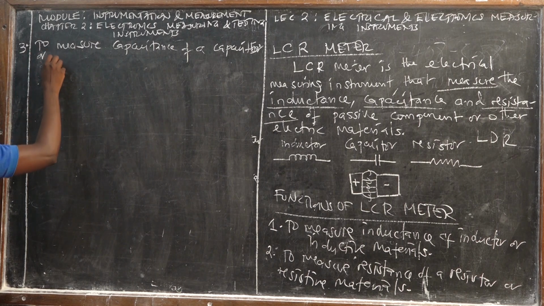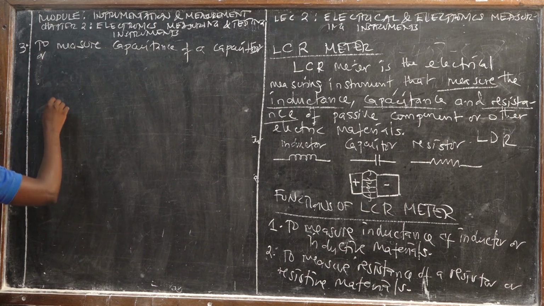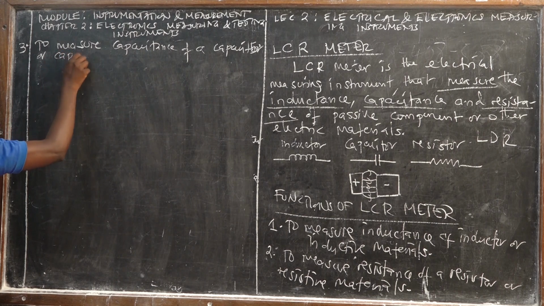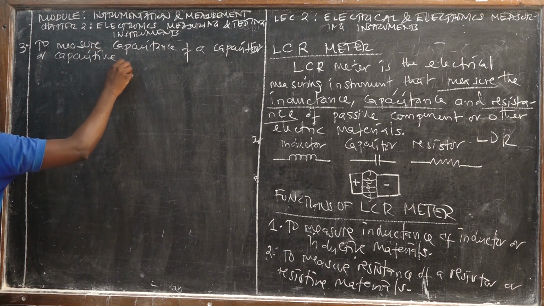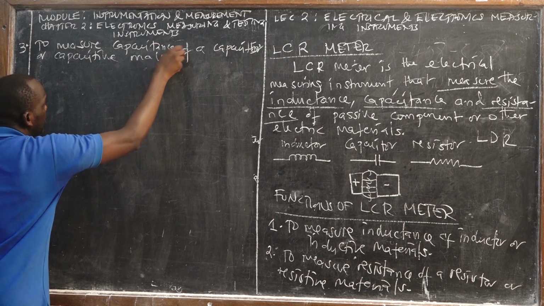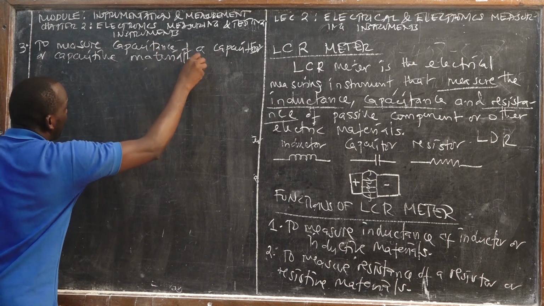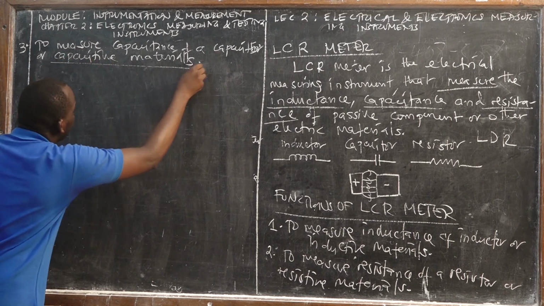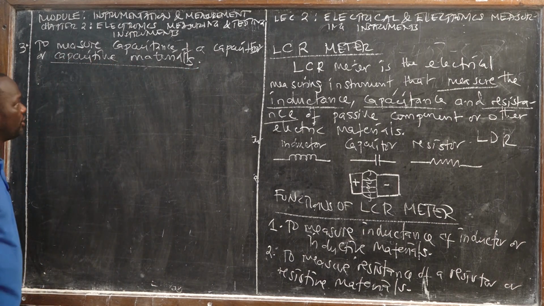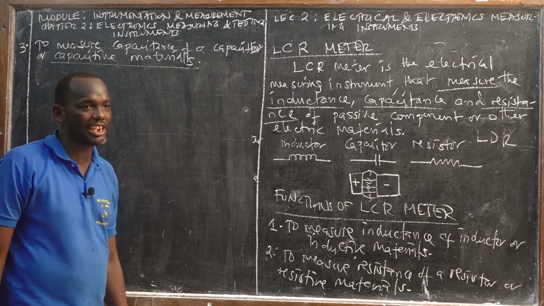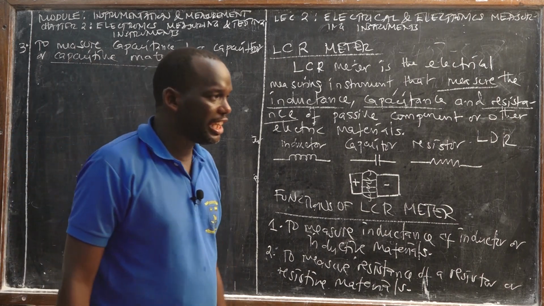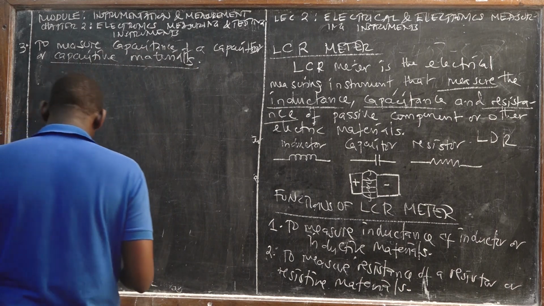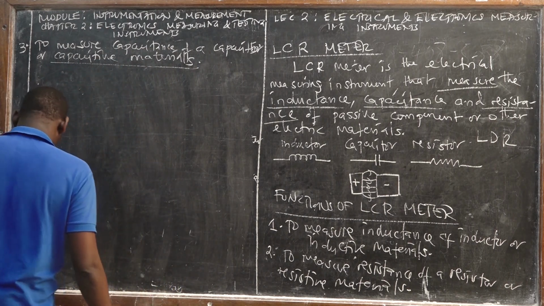And also it can be used to measure the capacitance of what? Capacitive materials. So you are familiar with capacitor, inductor, and resistor. What we are adding to you in engineering is just capacitive materials. Class, say capacitive materials.